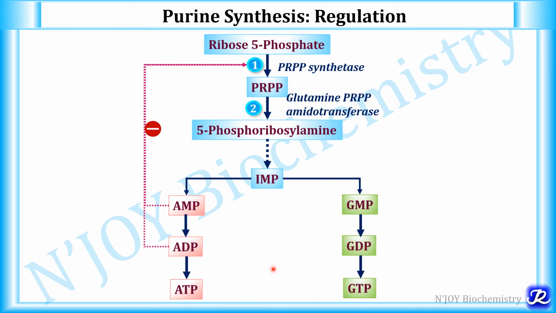So this AMP and ADP are the feedback inhibitors of this PRPP synthetase. GMP is the inhibitor of both PRPP synthetase and glutamine PRPP amidotransferase, while GDP is the inhibitor of PRPP synthetase.